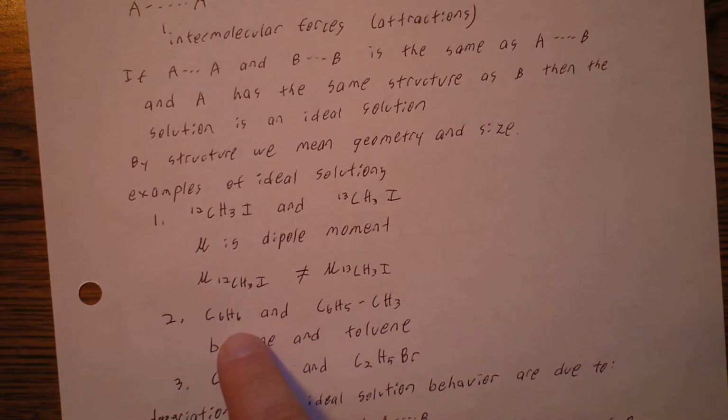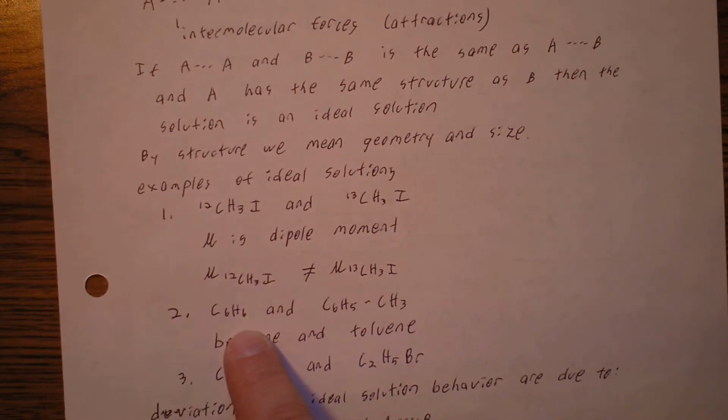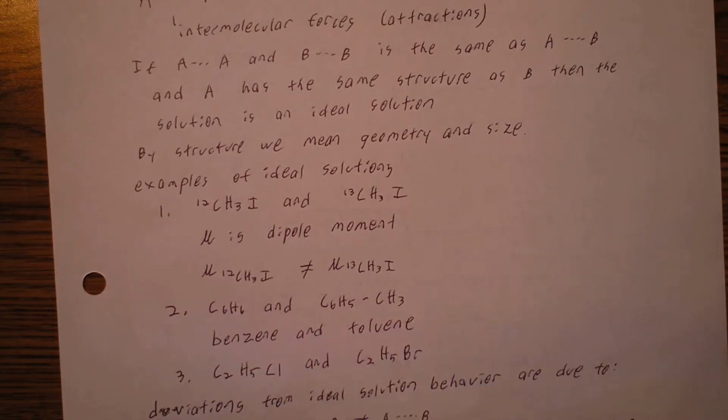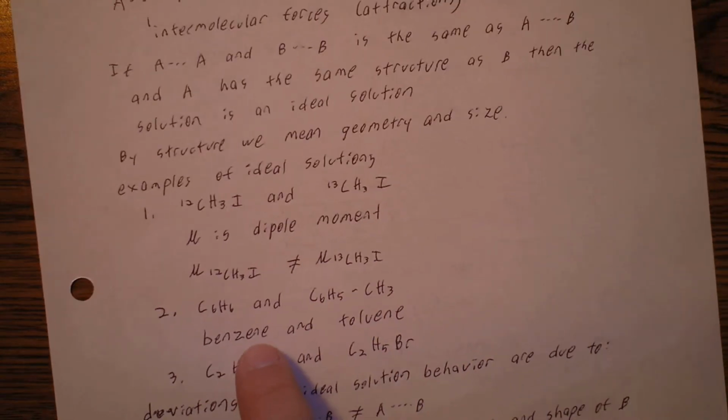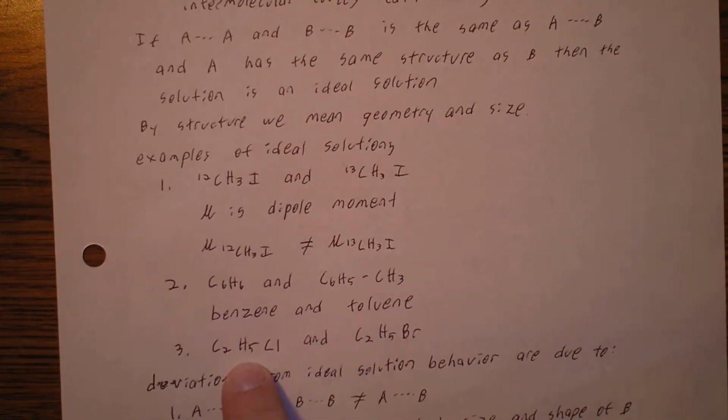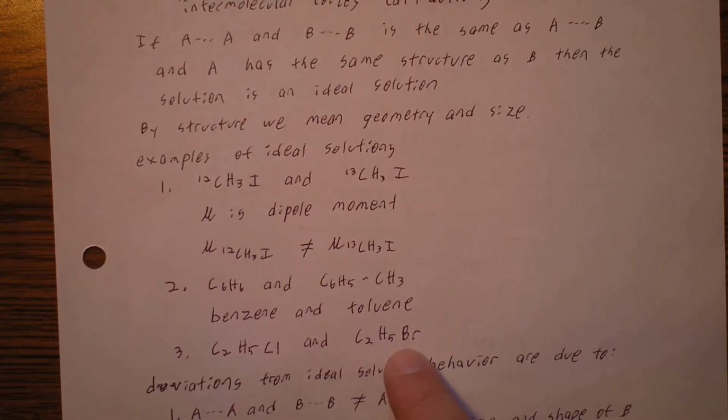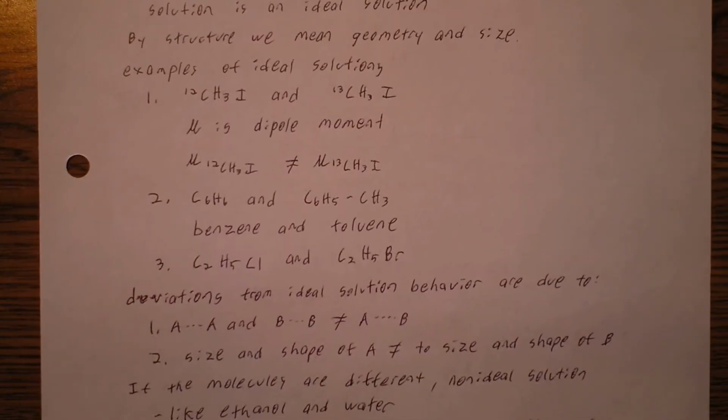Slightly different. Another example of an ideal solution would be benzene and toluene. Remember, toluene is just methyl benzene. And then another example of an ideal solution, or pretty close to it, would be chloroethane and bromoethane. They're about the same size and shape, just slightly different.